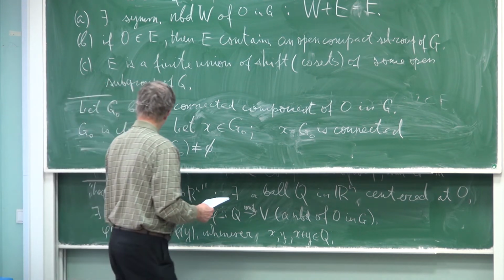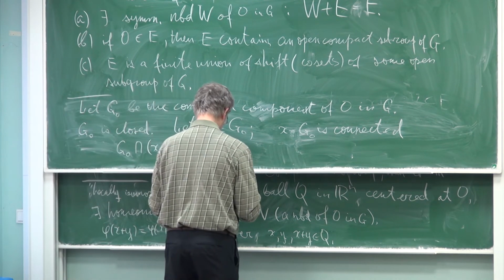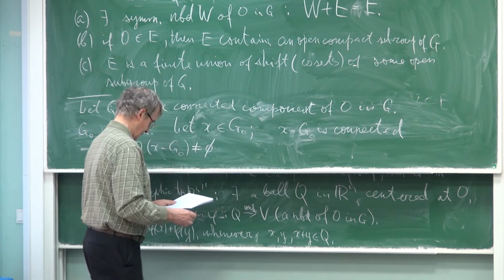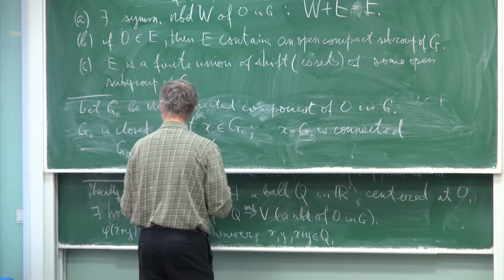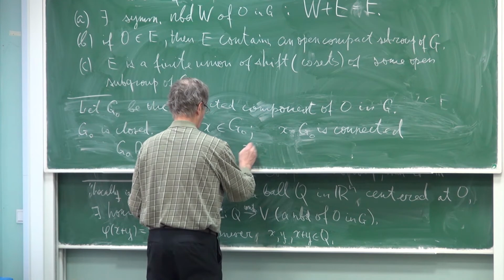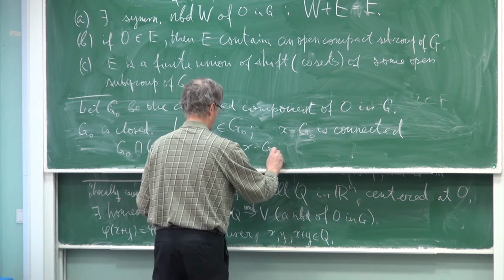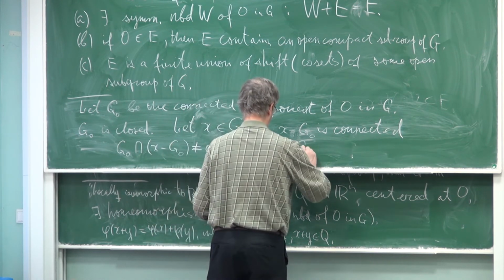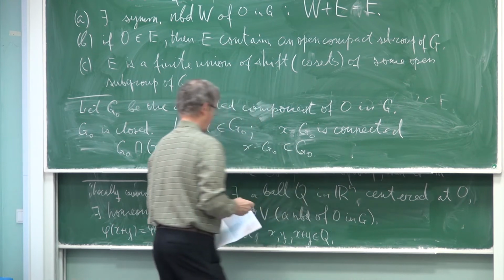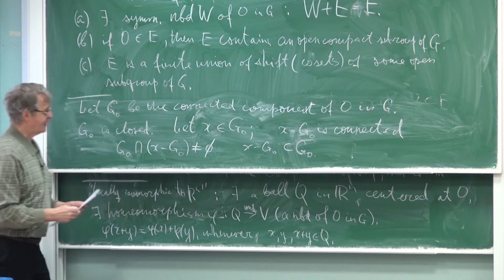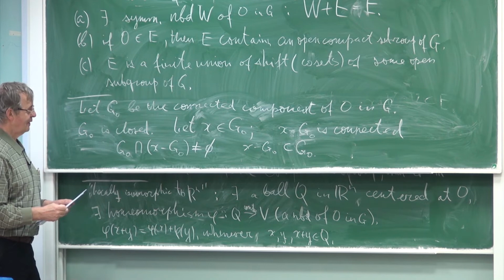And since we have two connected sets, then it follows that x minus G0 is included in G0. Because otherwise something will be bad.